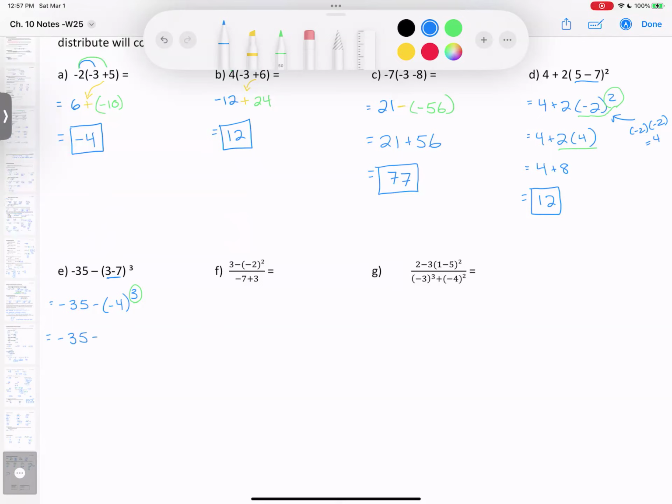You can either type in your calculator -4 times -4 times -4, or you can use the button to do -4 cubed. If you do, make sure you do bracket -4 bracket, so your calculator knows the entire -4 is cubed. And you'll find it gives you -64. So we've got two signs in a row that turn into a positive, so -35 plus 64.